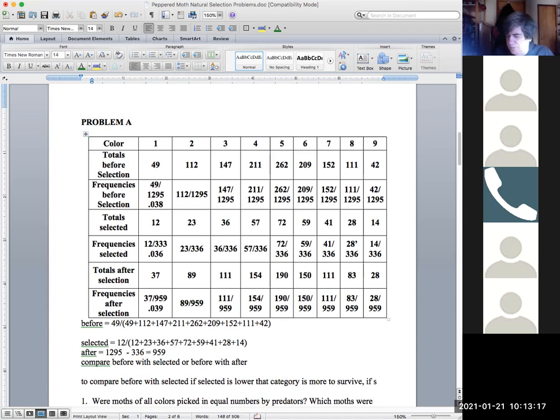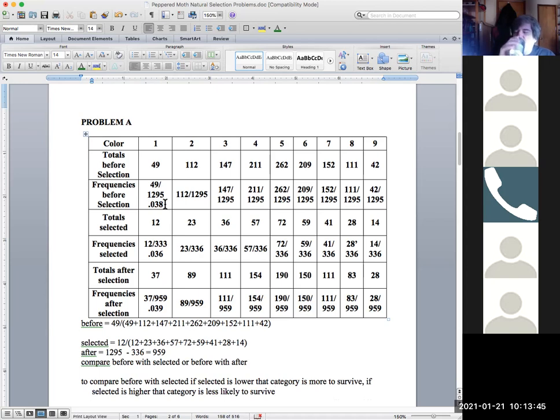If the selected is higher, then that category is less likely to survive. Imagine that our number 1 moths only make up 38 out of every 1,000 moths in the population, but suppose that 900 out of every 1,000 moths that got eaten were colored number 1.